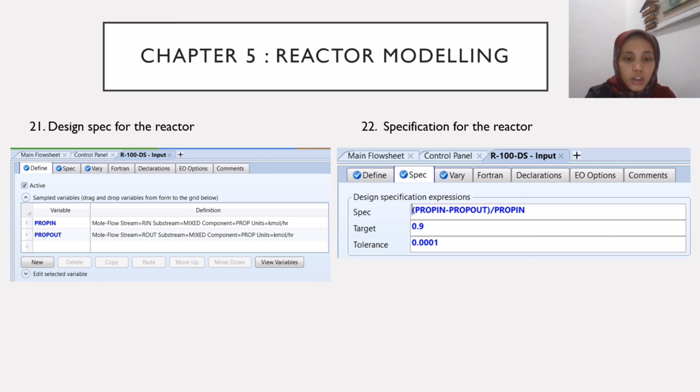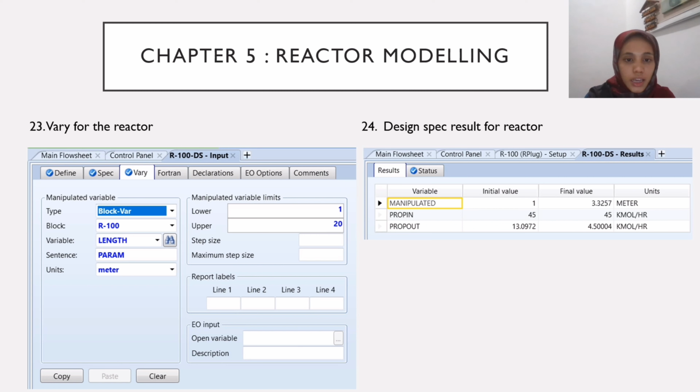In the design spec for the reactor, we will define the inlet and outlet flow rate of propylene in R101. Then we fill the spec with the formula of conversion, and the target is 0.9 with a tolerance of 0.001. In Vary, the length of the reactor will vary in order to achieve the conversion.